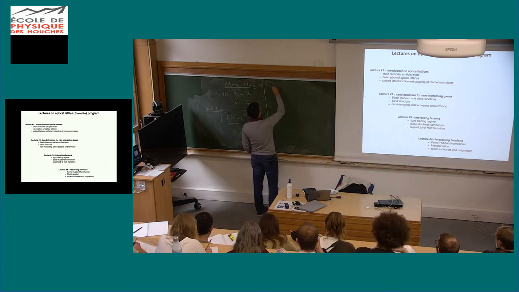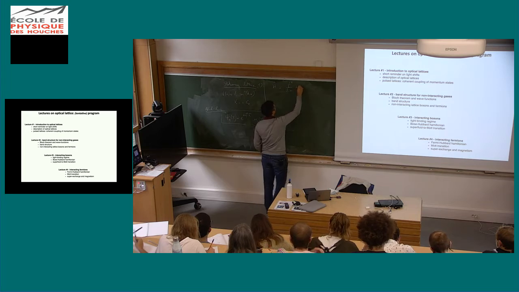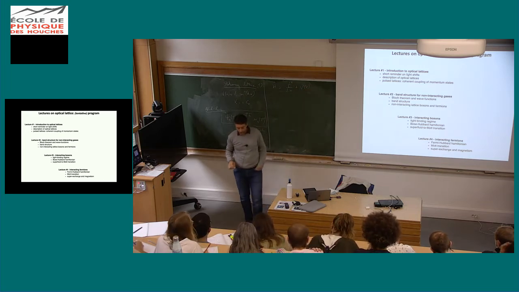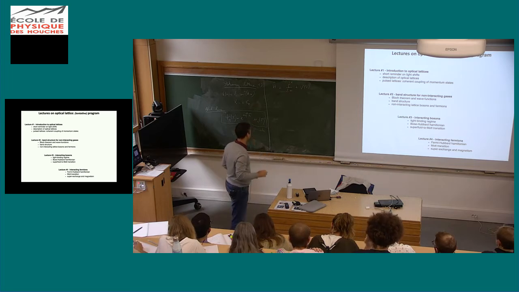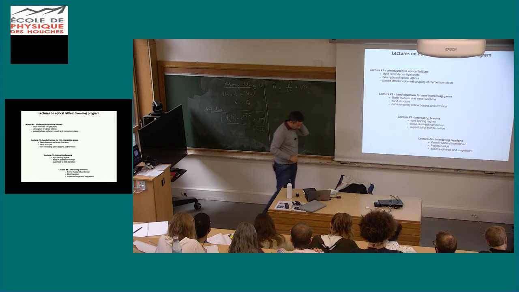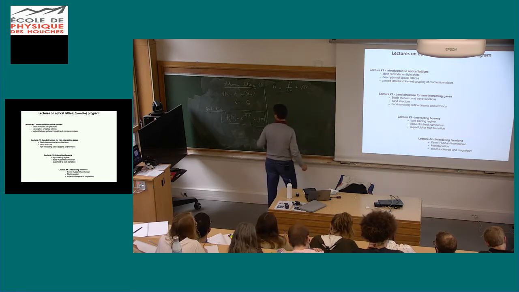So what we are considering is a Hamiltonian of a non-interacting particle, p squared over 2m plus this potential V(x) that I want to describe. And what I want to know are the eigenfunctions of this Hamiltonian.